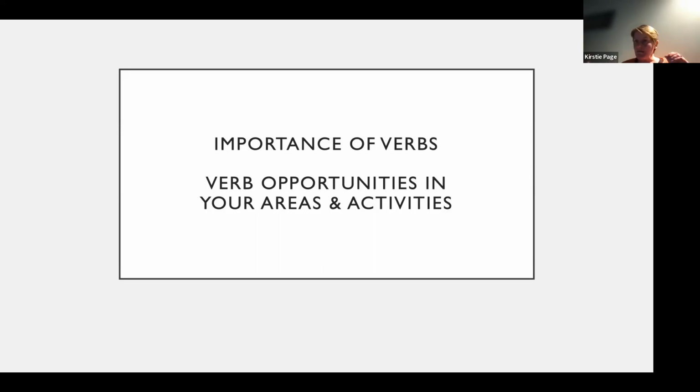So I could be in the mark making area drawing a picture, and I could say to you, "I do my mum," and I get my message across. It's really important that when you repeat that back, or when you're modeling, you say, "Oh, you're drawing your mum. Oh, I'm going to draw a flower." So that those verbs get the message across.